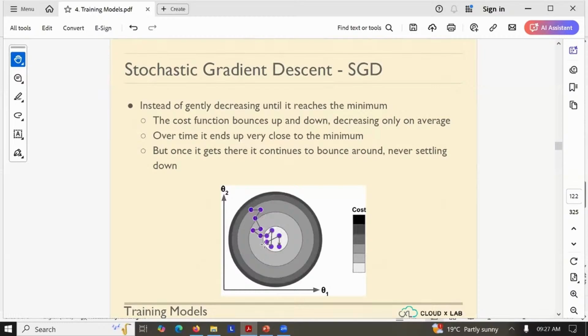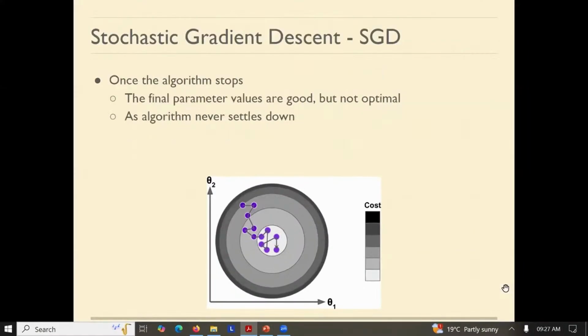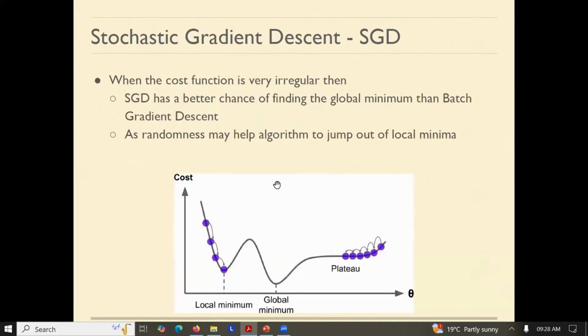Once we are close to the optima position, we will decrease our learning rate to stop this bouncing around the optima position. So it will settle down our algorithm. Otherwise we will get a solution, but since we have not settled down, that solution will not be optimal. So to get the optimal value, we decrease the learning rate.